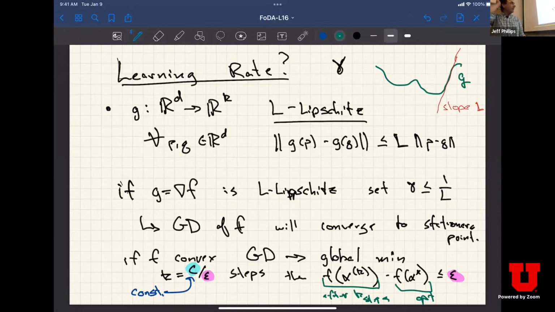Is this a good result? If I want to get to within a distance of say 0.01 from the true optimal, I need on the order of 100 steps. Think of it as O of 1 over epsilon.